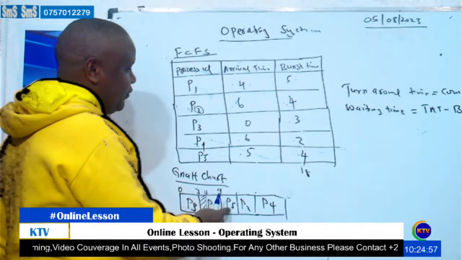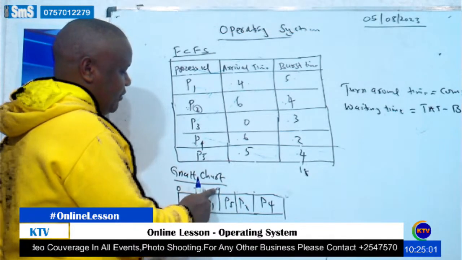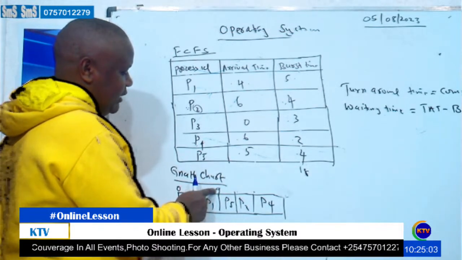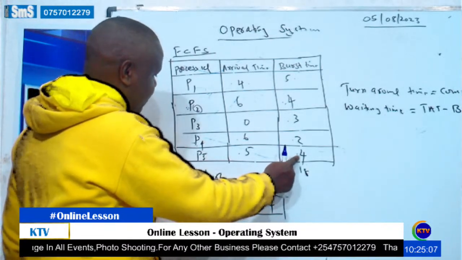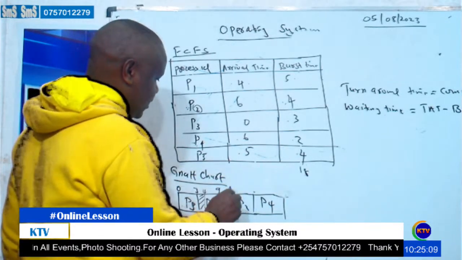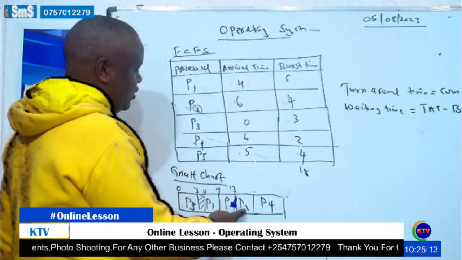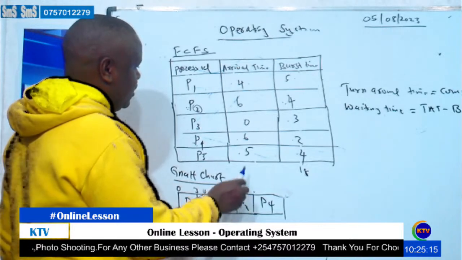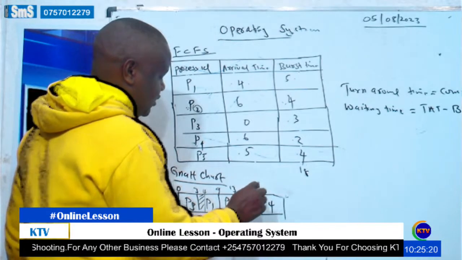Then process 5 started at 9 milliseconds and completed at what time? 13. And then process 2: 13 plus 4 is 17.